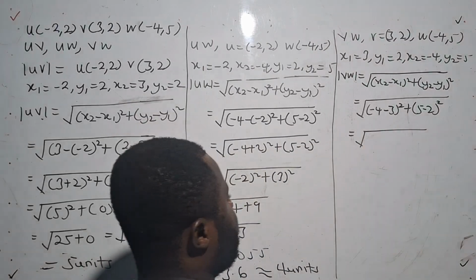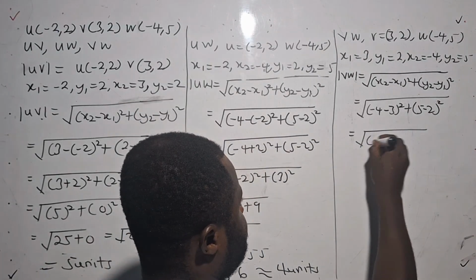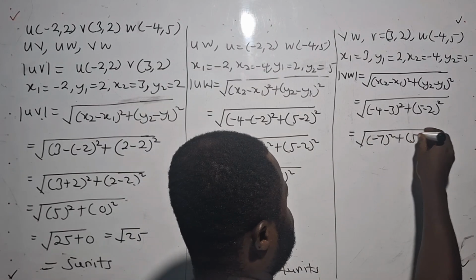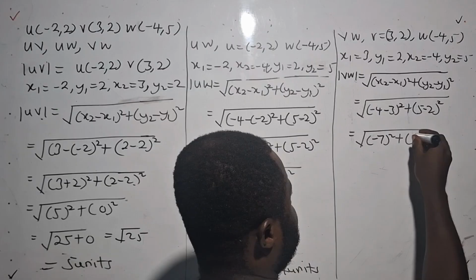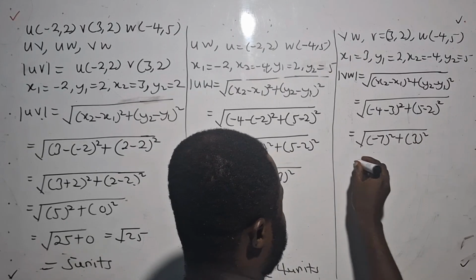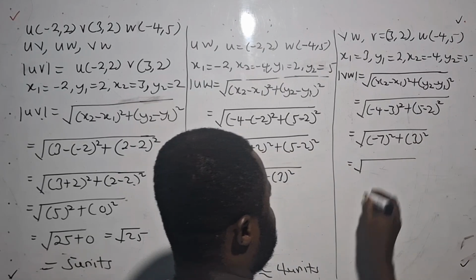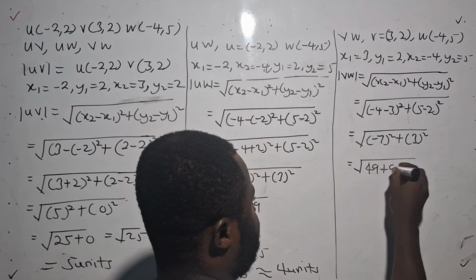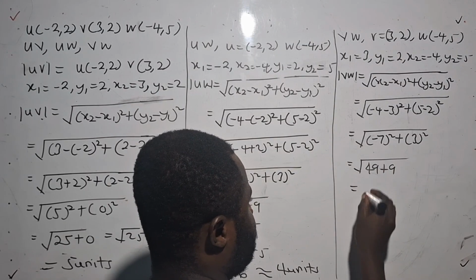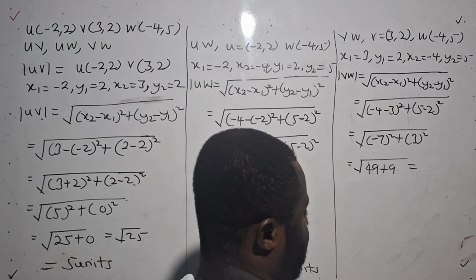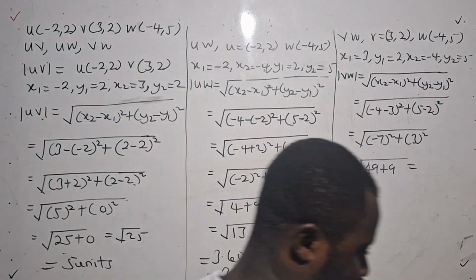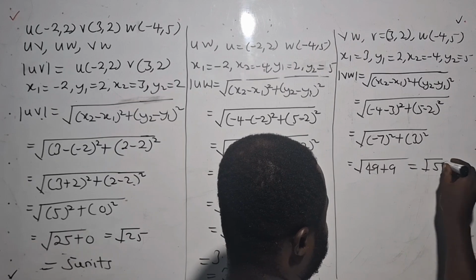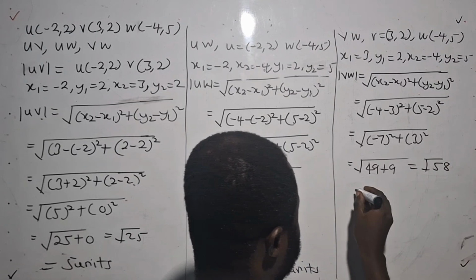So negative 4 minus 3 will give us negative 7 squared plus 3 squared here. Negative 7 squared gives us 49 plus 9. So we've gotten 49 plus 9, which gives us the square root of 58.